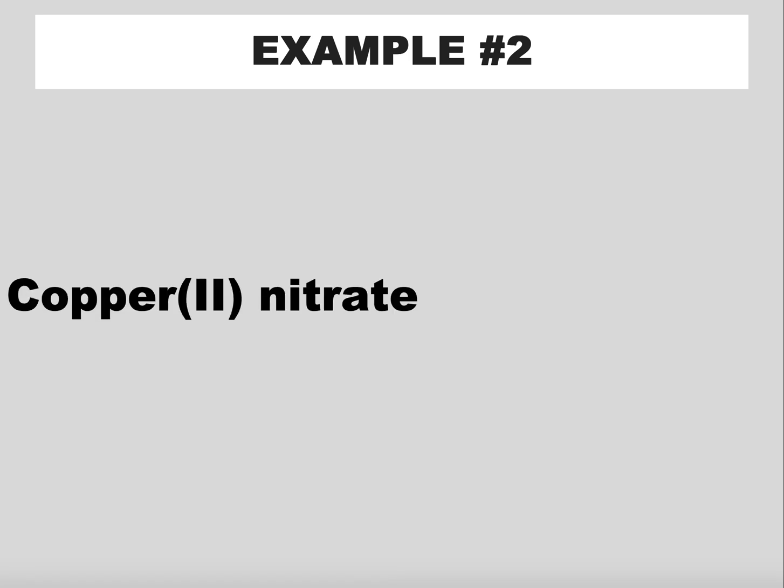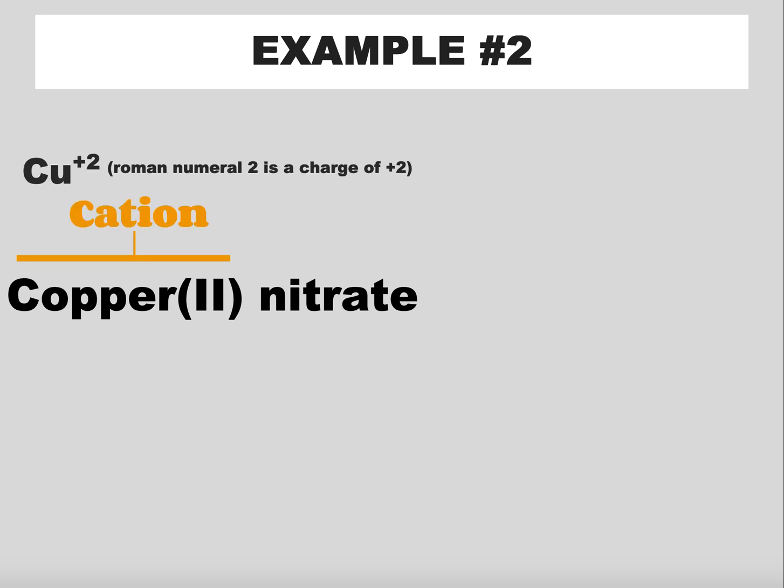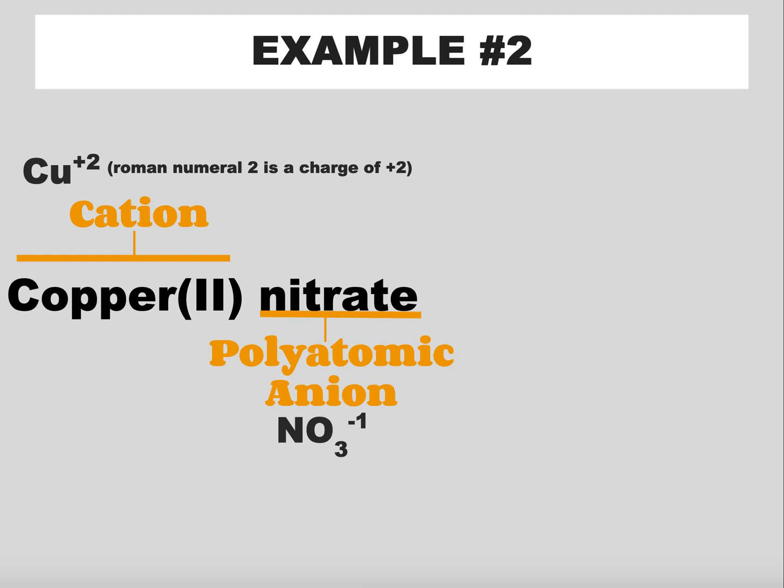Let's look at another example. Copper(II) nitrate. Our first steps are still the same. Look on the pink sheet, find copper with a Roman numeral 2, and that's Cu plus 2. Find nitrate on the pink sheet. Nitrate is NO3 with a -1 charge.